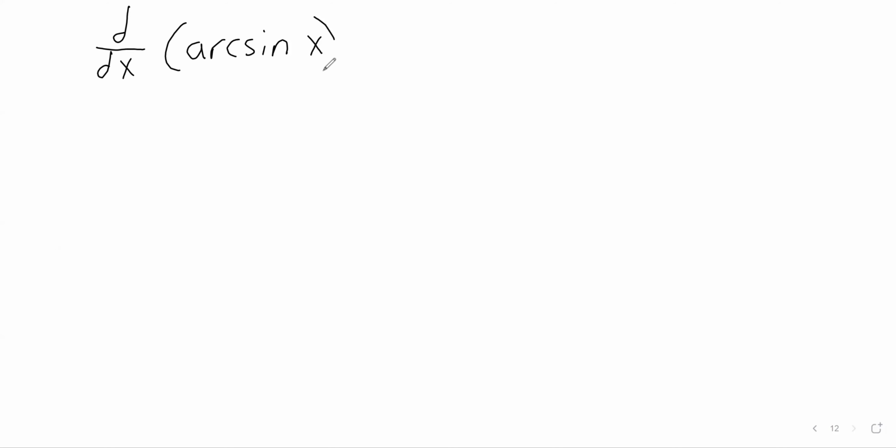Talk about learning these. It's about to become very evident that I do not actually have these committed to memory myself. But there's the derivative of the arcsine, and it seems implausible, sort of.